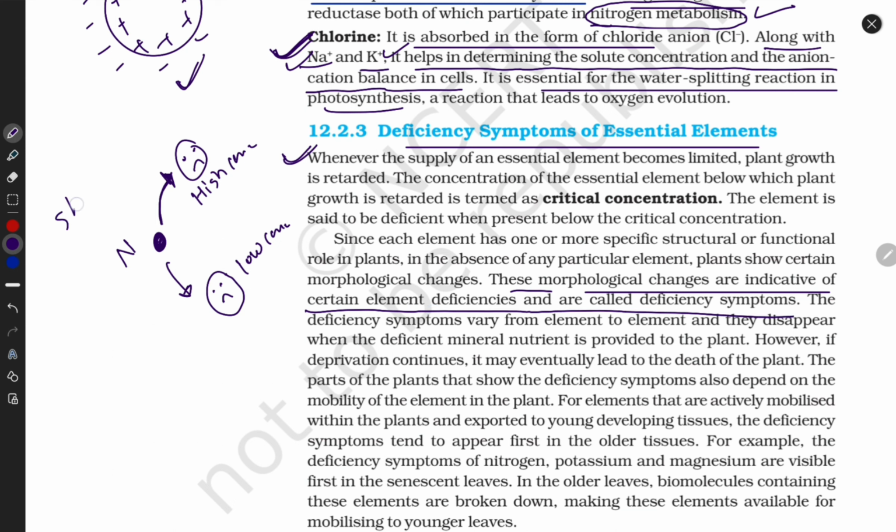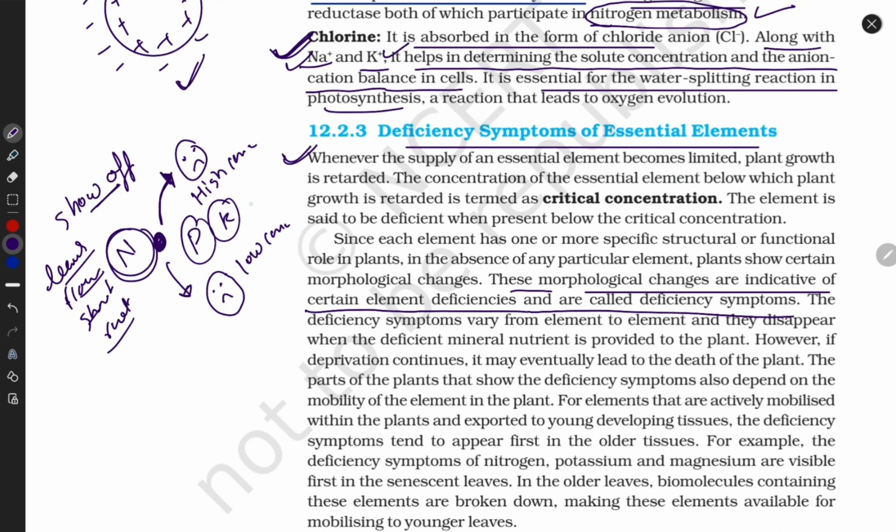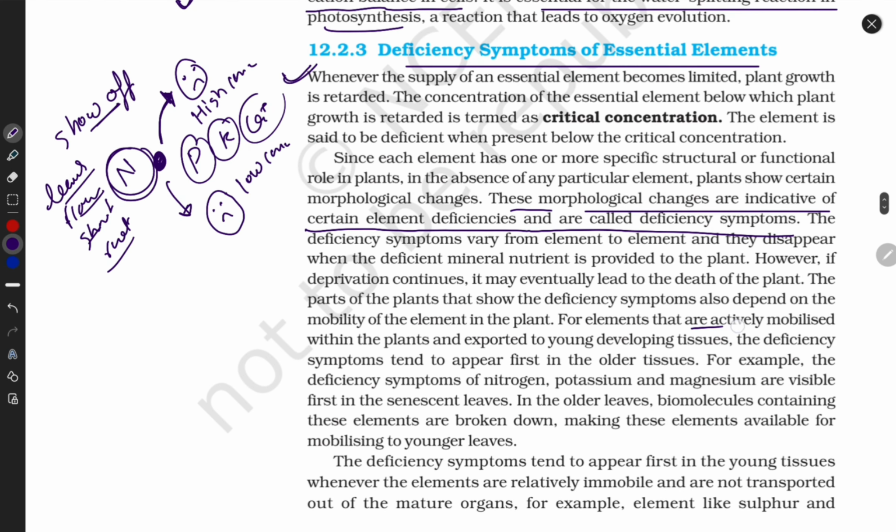They show their symptoms on their leaves, on their flowers, on their shoot, on their roots. Like when we give lots of nitrogen or a low amount of nitrogen, and not only nitrogen, also phosphorus, calcium, potassium, anything. So elements that are actively mobilized within the plant are exported to young tissues.